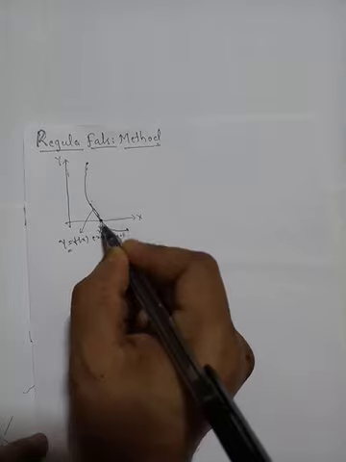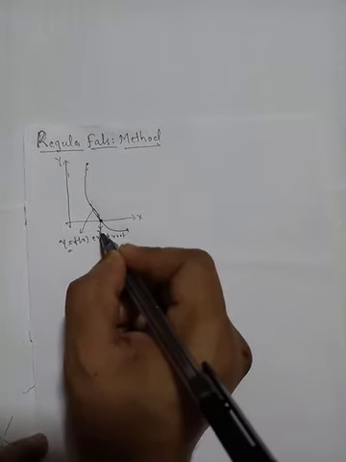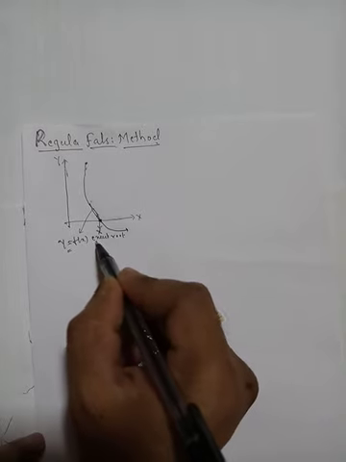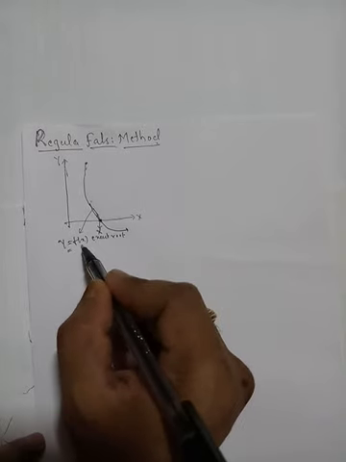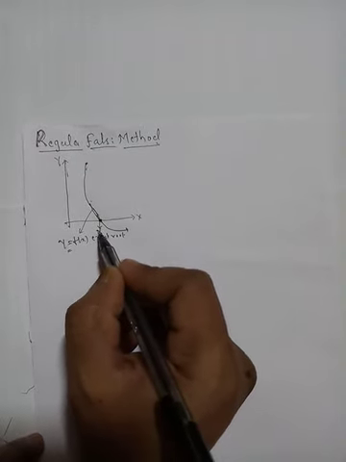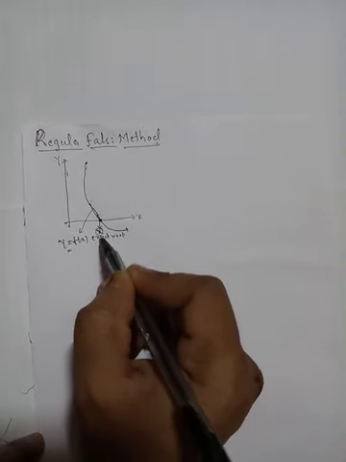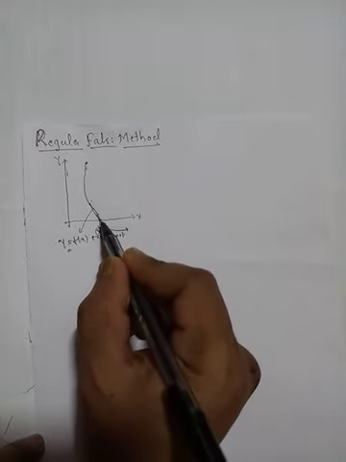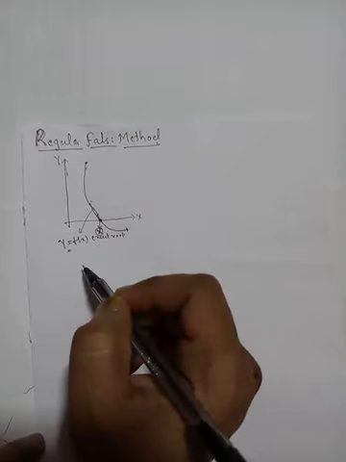Here the y coordinate is 0, and this value of x is the exact root of the equation, or we can say this value of x satisfies the given equation. So our root is here.